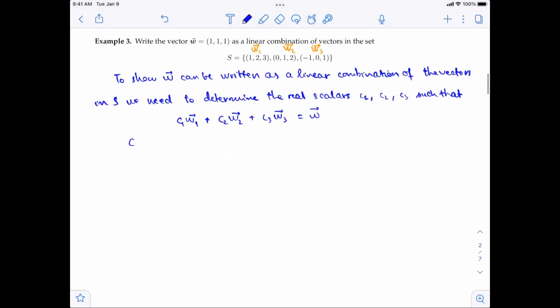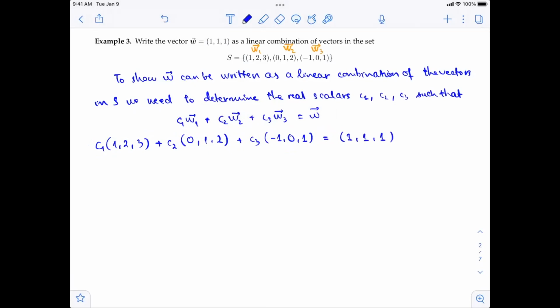I get C1 times W1, which is (1, 2, 3), plus C2 times W2, (0, 1, 2), plus C3 times W3, (-1, 0, 1). This is equal to W, which is (1, 1, 1).